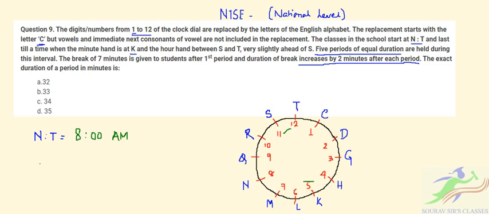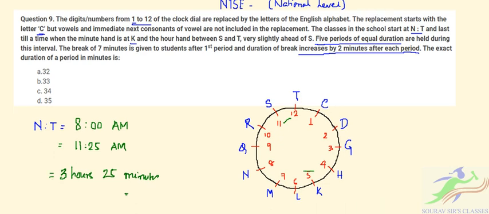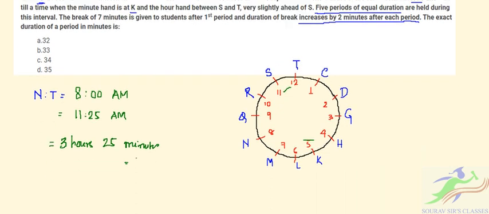So the class is ending at around 11:25 a.m. So we have a total of 3 hours 25 minutes of class duration, which is 180 plus 25, nothing but 205 minutes.